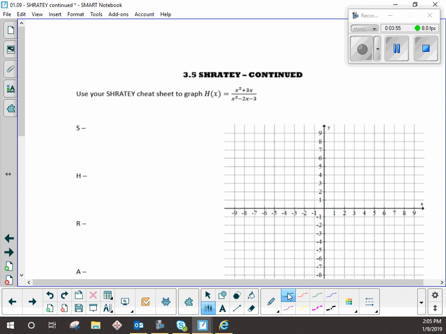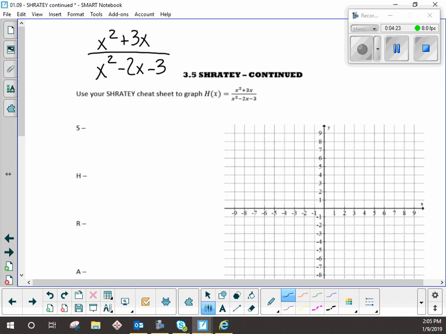I feel like this one's better because it hits more concepts. So this, I know it's hard to see, so I'm going to write it up here real big. X squared plus 3x over x squared minus 2x minus 3. We're going to take your SHRATEY acronym one letter at a time to collect information, and then use all the information to sketch out a graph of the function.